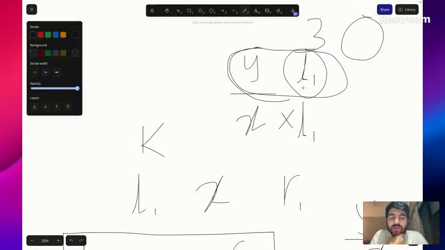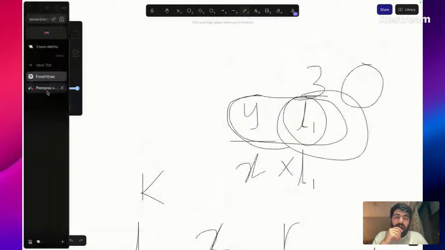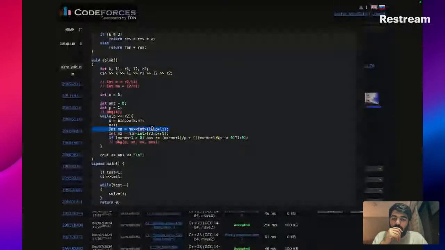Okay, so you have x, you are getting a y, and what you are doing? Oh, you can't do min L2. L2 won't always be divisible by p.